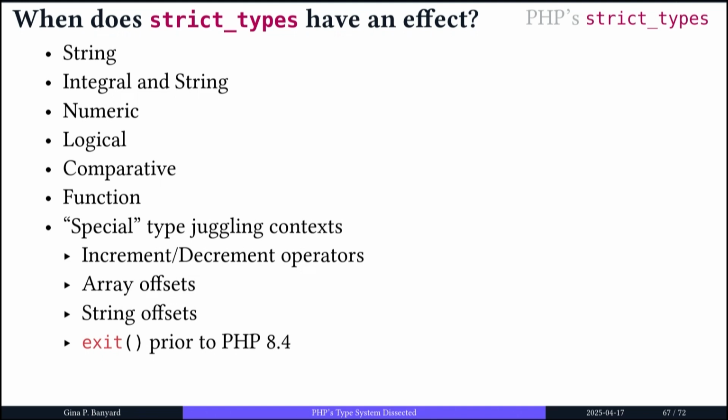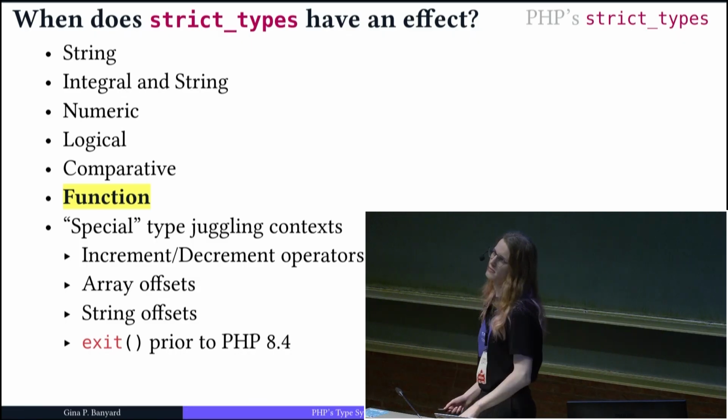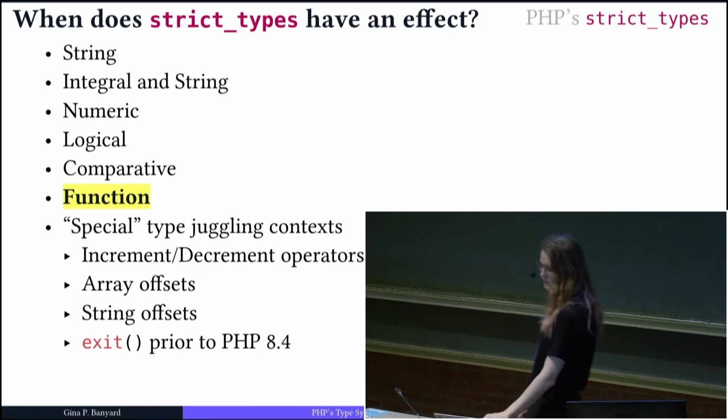So when does strict types actually have any effect on your code and your code base? You could think it would affect a few, but it only affects one. It only ever affects the function type juggling context.